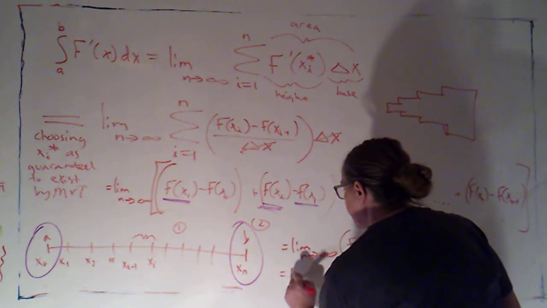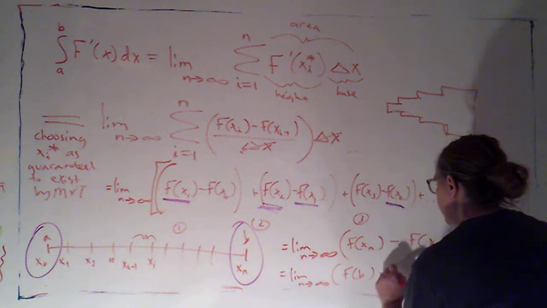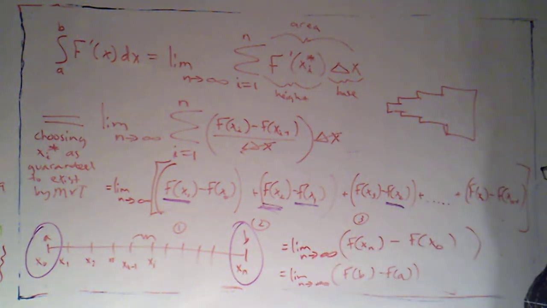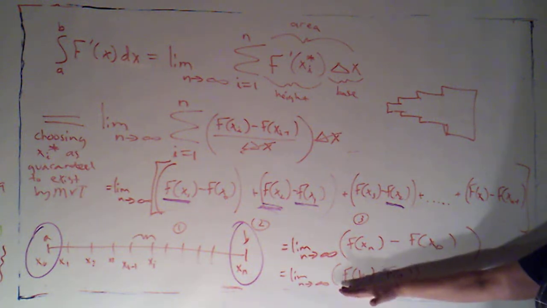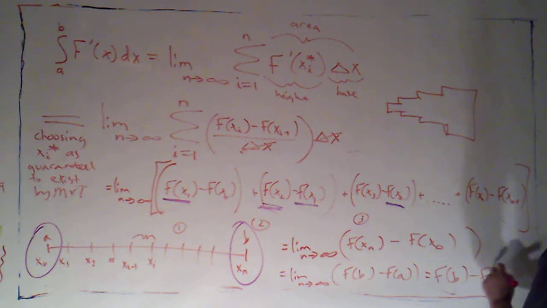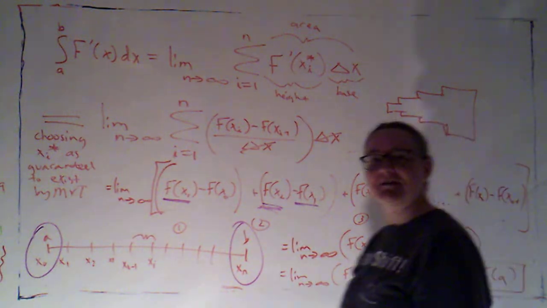So I'm getting the limit as n goes to infinity of f of b minus f of a. There are no n's in that. That's constant with respect to n. I'm going to get f of b minus f of a, which is exactly what the fundamental theorem says.